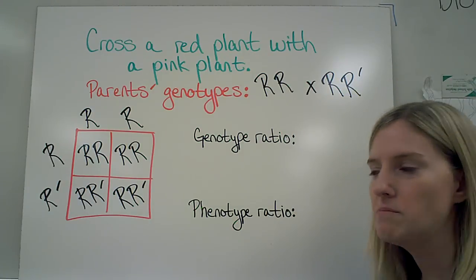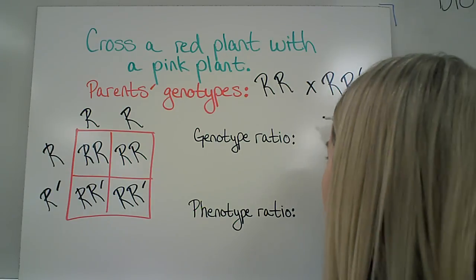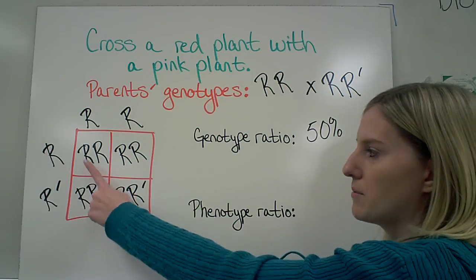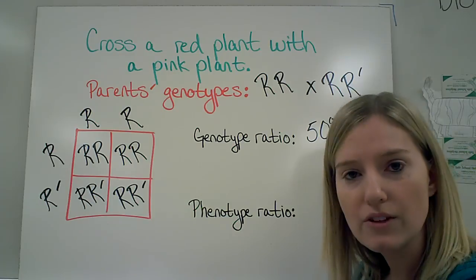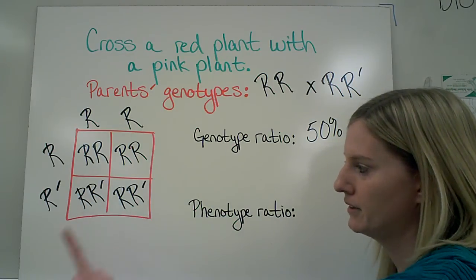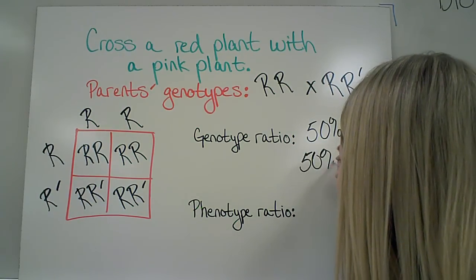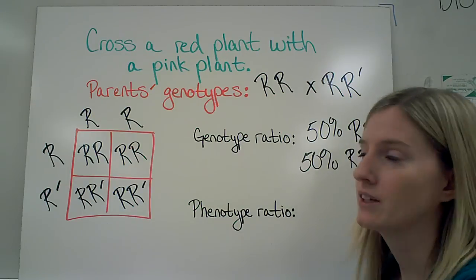So what are my genotypes? Well, half of the boxes, so 2 out of the 4, or 50%, are capital R, capital R. The other 2 boxes at the bottom are R, R prime, so the other 50% is R, R prime.